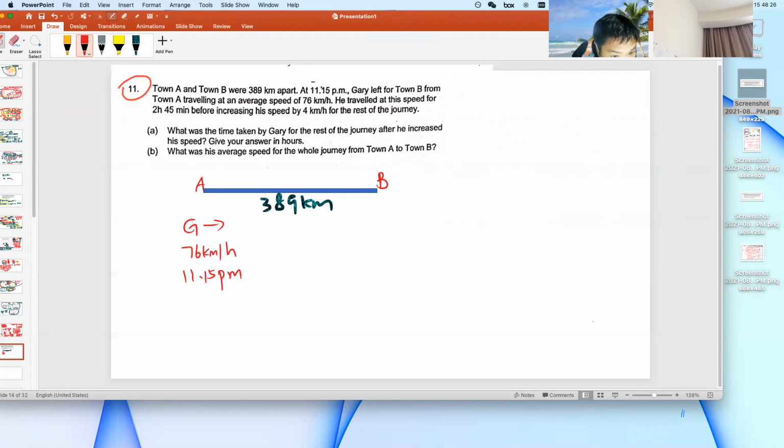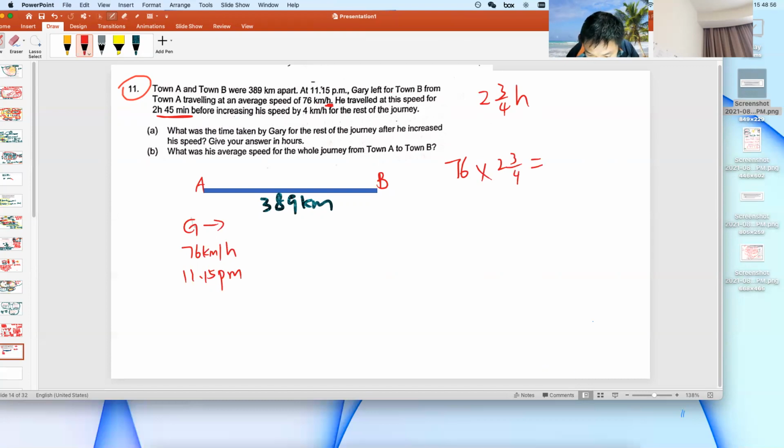Okay. Then he traveled at this speed for 2 hours and 45 minutes before increasing. So basically what you do is 76 times, this is in hour, so you also need to change this to hour. So 2 and 45 over 60 is 3 over 4. So 2.75 hours.